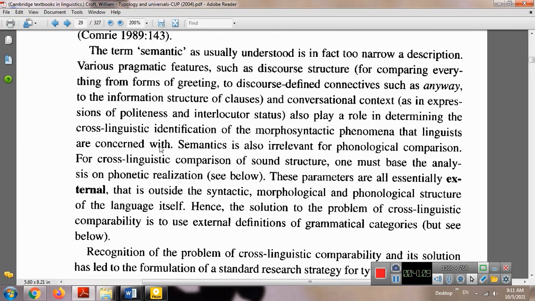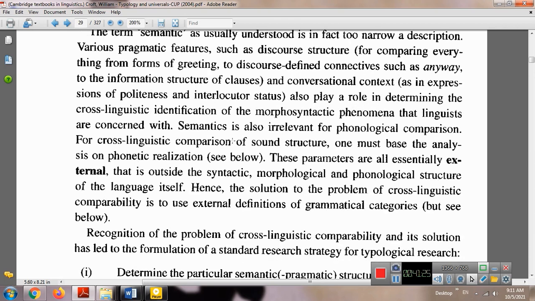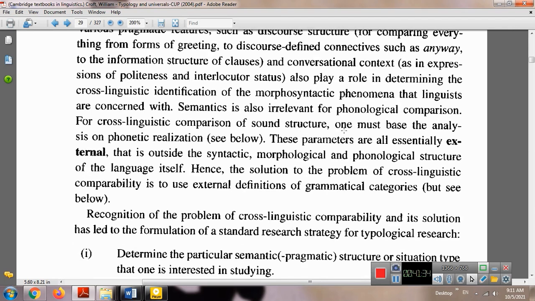Various pragmatic features such as discourse structure and conventional conversational context also play a role in determining the cross-linguistic identification of the morphosyntactic phenomena that linguists are concerned with. Semantic is also irrelevant for phonological comparison.